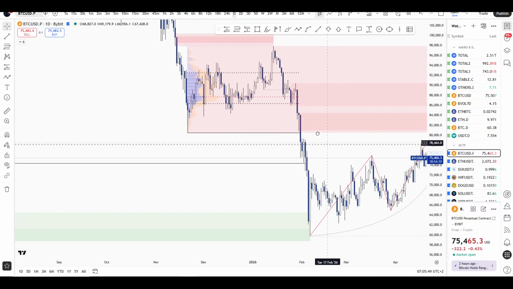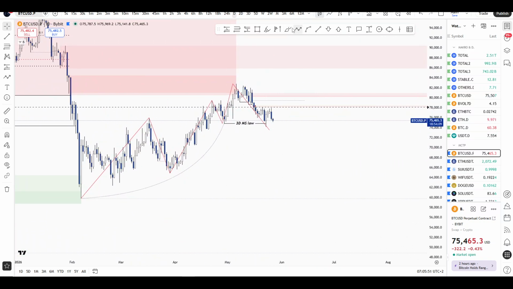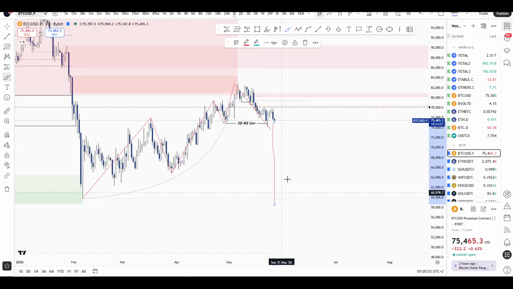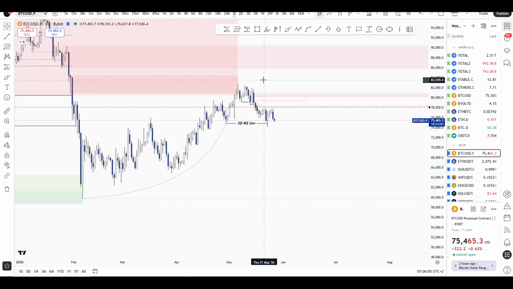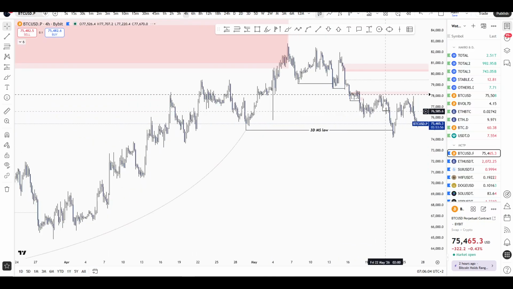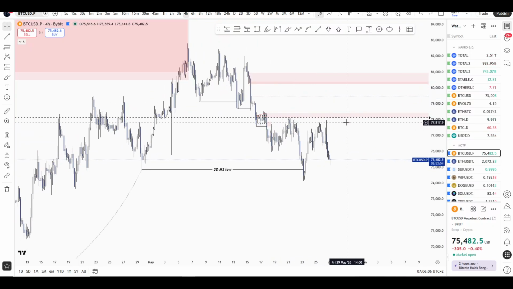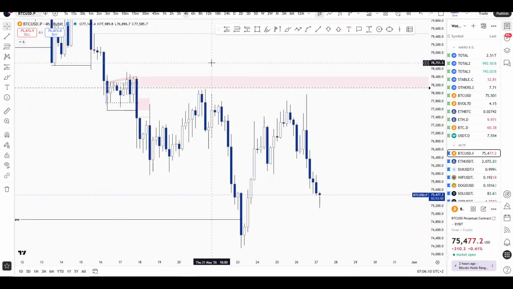So you rarely will see an instant dump from here down. So basically we have to look what happens here, and with the amount of liquidity here, and we only grabbed some. I think we only took out this high.